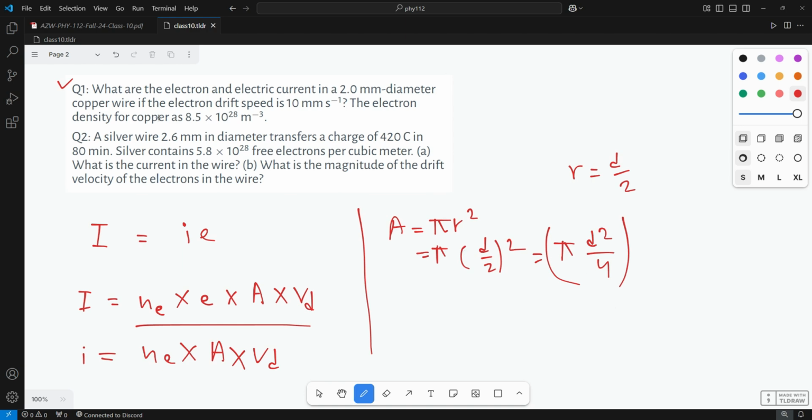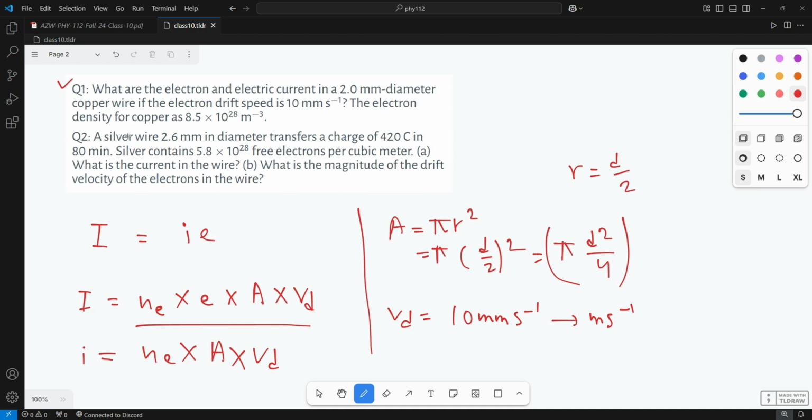So you can use this to find the area. We are also given the drift speed or drift velocity, which is 10 millimeter per second. Just convert it into meter per second.